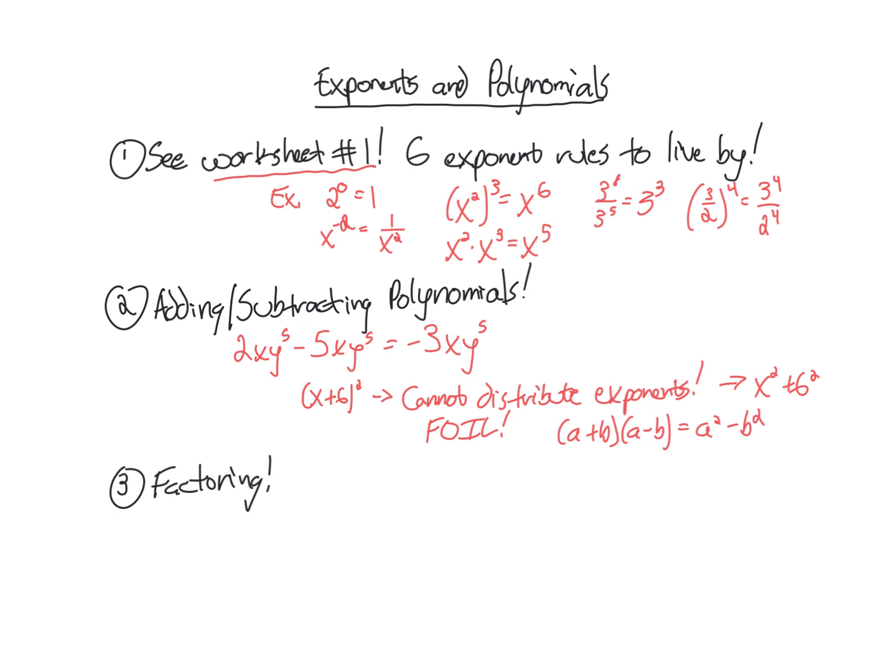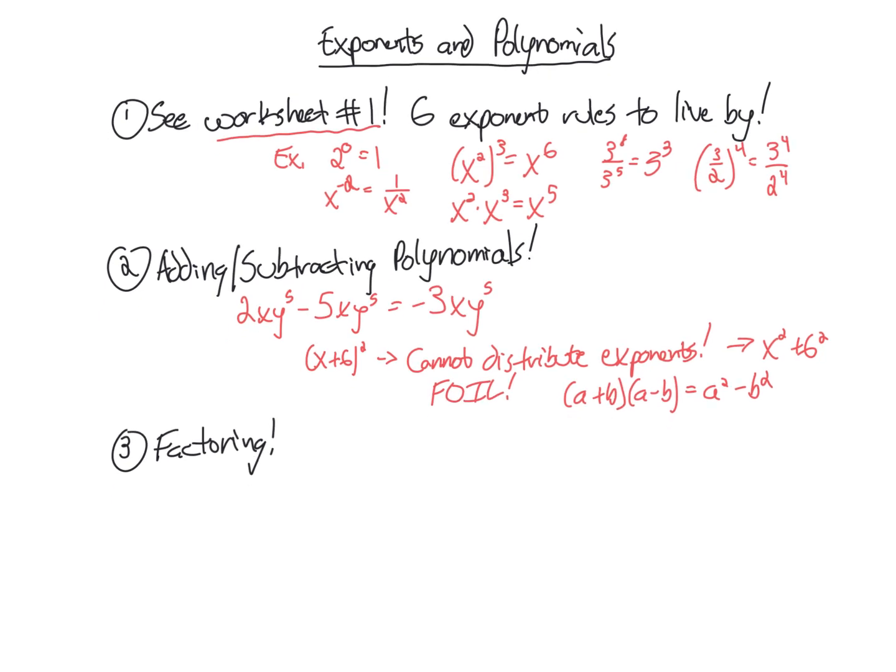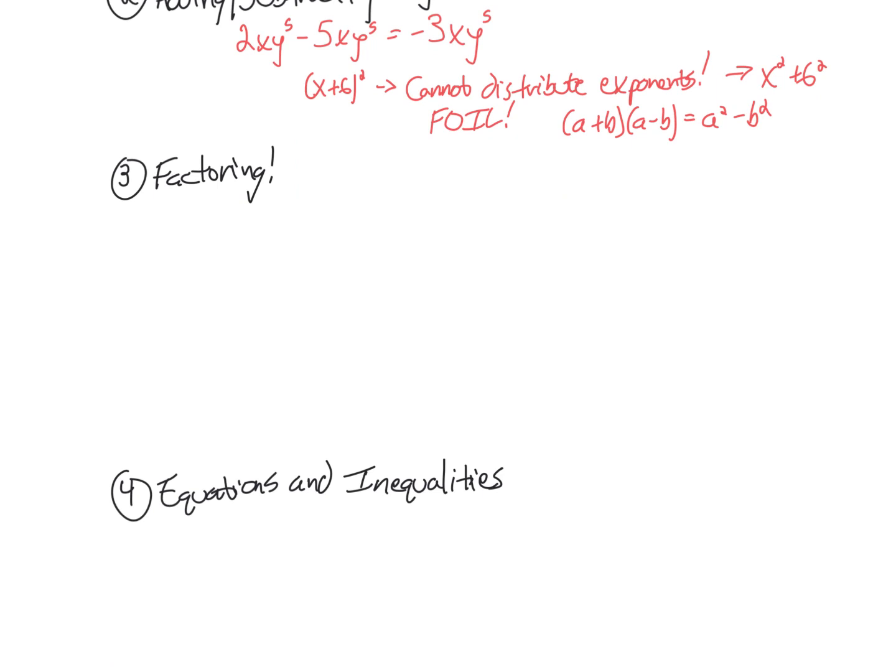We then spent a whole bunch of time factoring, and that's where we had special patterns like DOTS, like we just saw above. That's when you have a squared minus b squared, and we recognize that it factors to a plus b, a minus b. It can get a little tricky if you have something like 4x squared y squared minus 9.